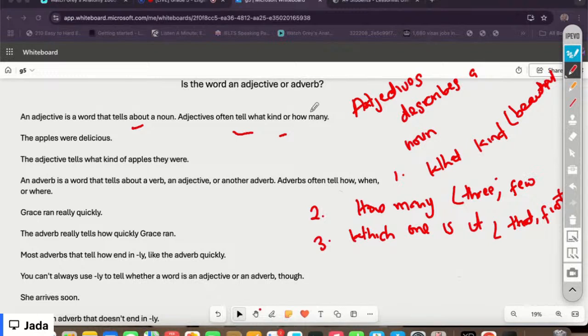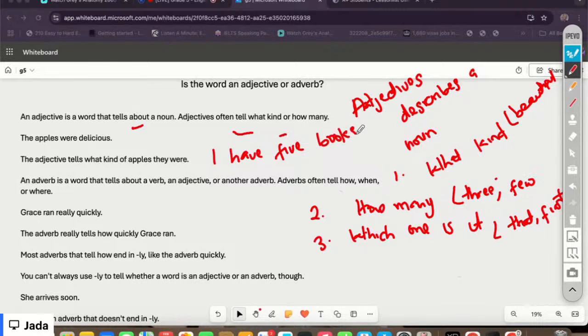All right, so we have the apples were delicious. This adjective tells us what kind of apples they were. If you say what kind of apples are you having, you would say the delicious apples, right? And then we can say I have 5 books.